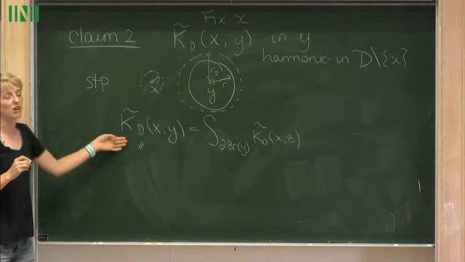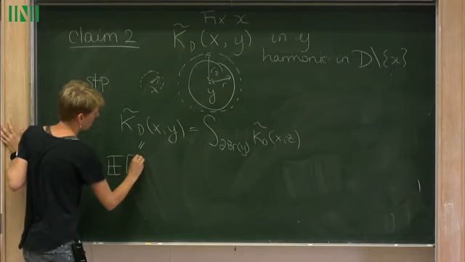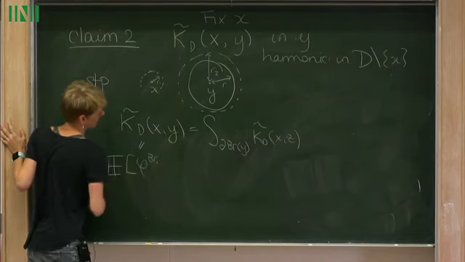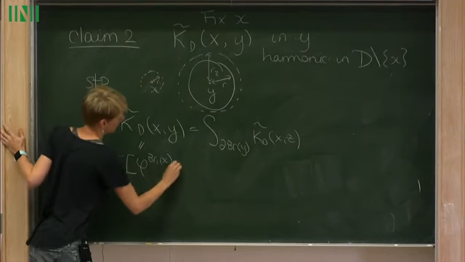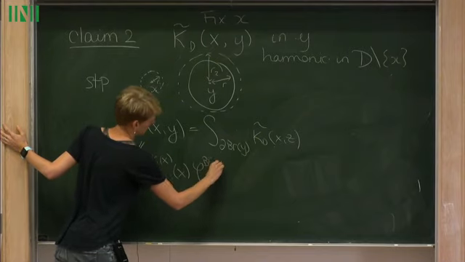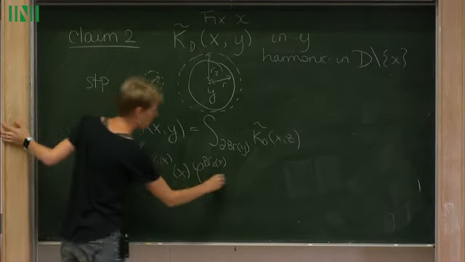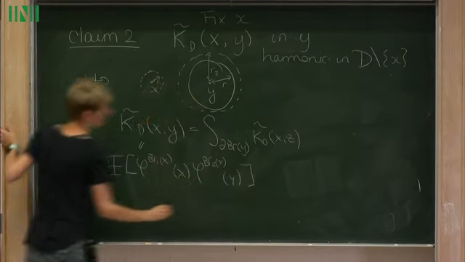I can write this kd tilde of xy as the expectation of the harmonic part in the domain Markov decomposition in the ball of radius r1 around x, evaluated at x, multiplied by the harmonic part in the ball of radius r2 around y, evaluated at y.